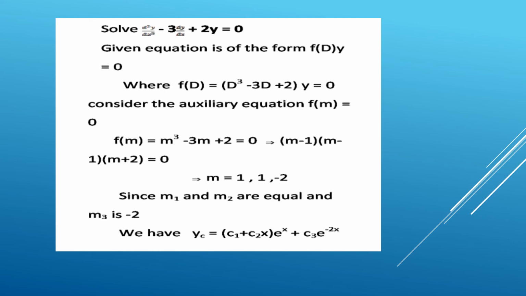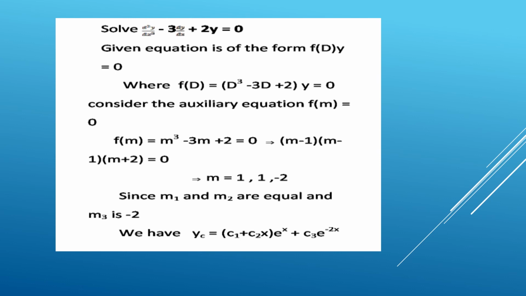So the roots, we'll get as m cube minus 3m plus 2. The roots are 1, 1, 1, 2. This is a cubic equation, so we'll get three roots here.